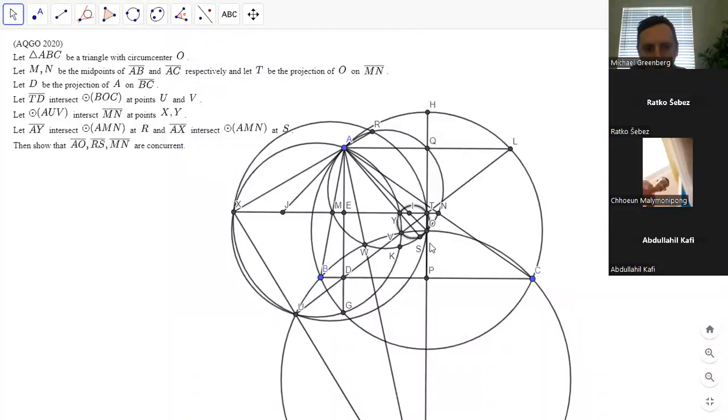And how do you define V? Okay, actually, I think we know that UVOC is cyclic. Yes, by definition. And we know that this is also cyclic.